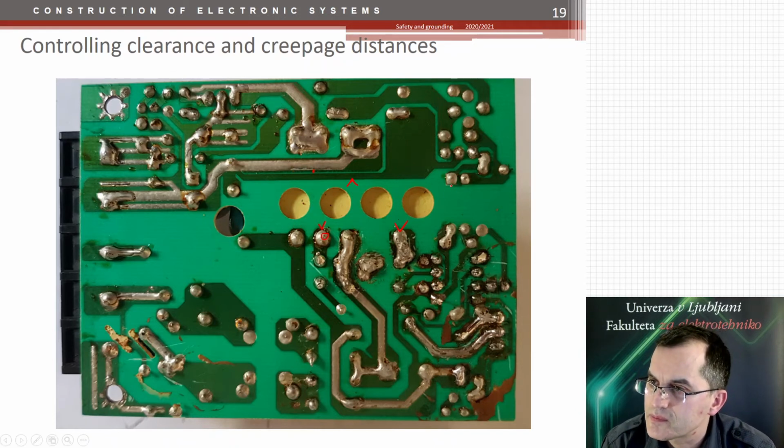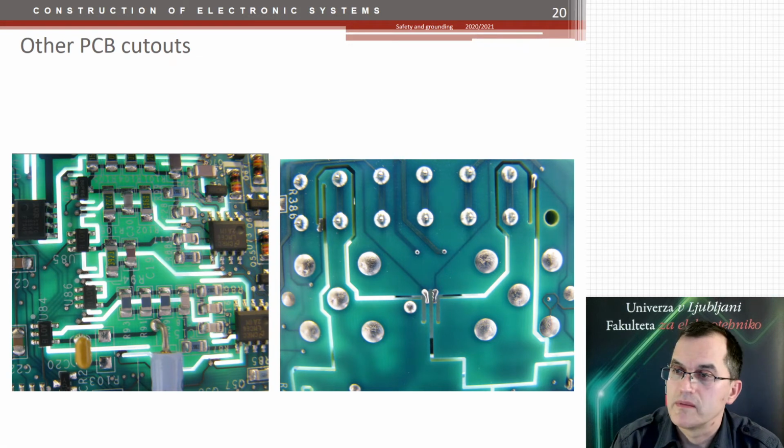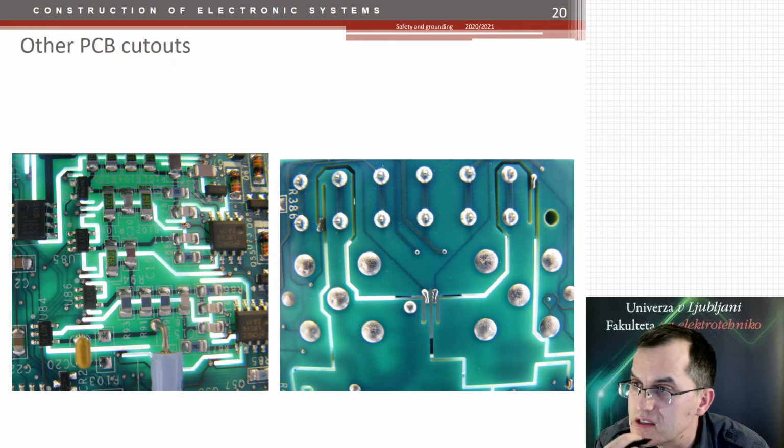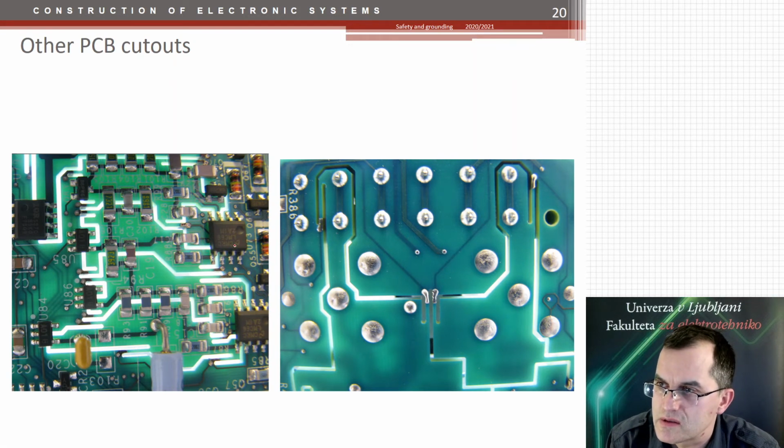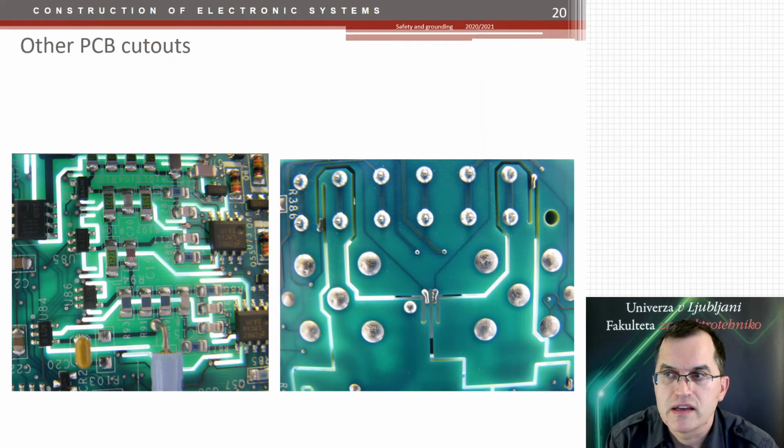And what about that one? Well, this PCB looks quite interesting because there are so many cutouts, and they look quite strange. I cannot say that this is a creepage distance problem.